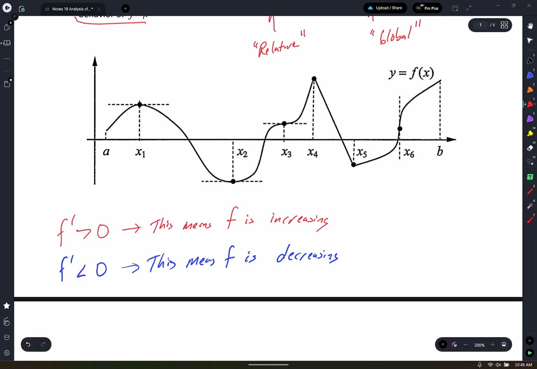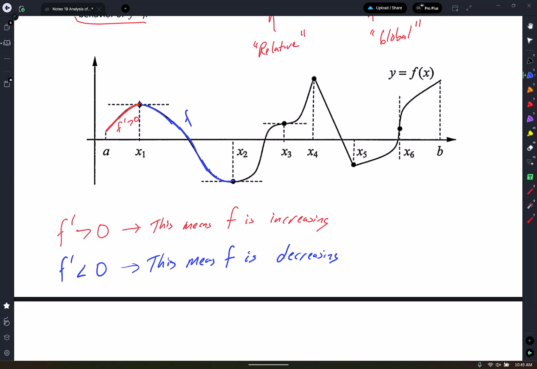All right, so I'm going to use red and blue. Between a and x1, is f prime positive or negative? So I'm going to write f prime greater than 0. I'm going slow, guys. Between x1 and x2, is f prime positive or negative?